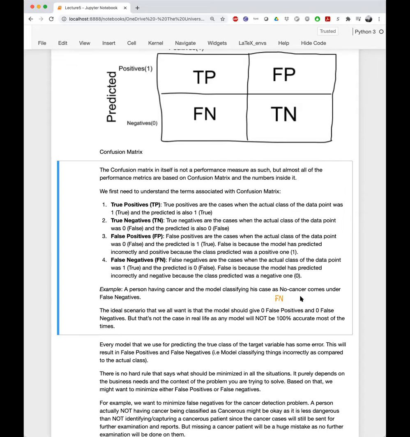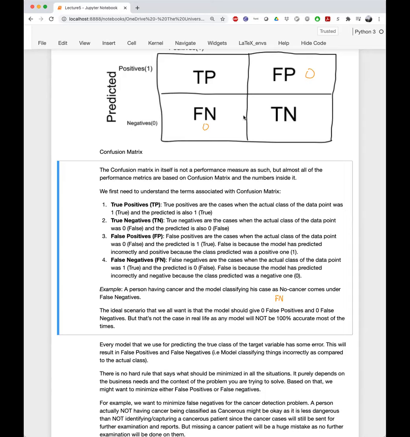All right, so what's the ideal scenario? The ideal scenario is that true positive is a certain number, but the false negative is 0. The false positive is also 0. Whatever the true positive and true negative numbers are, we want false negative and false positive, which are the cases your model predicted incorrectly, to be 0.